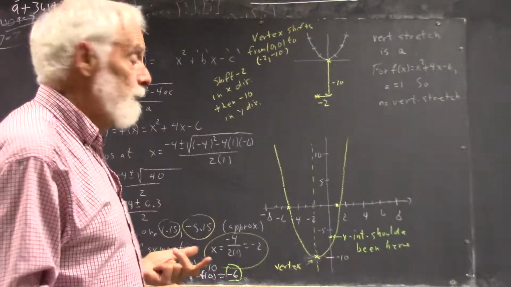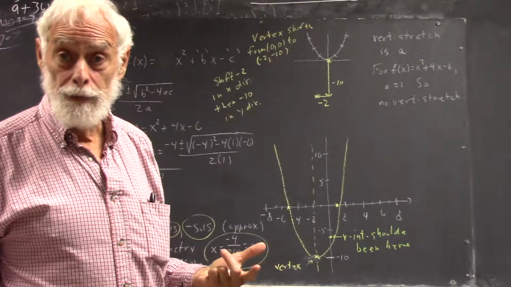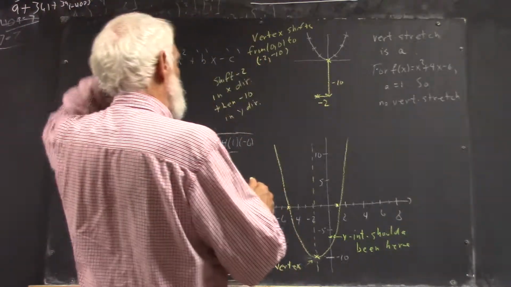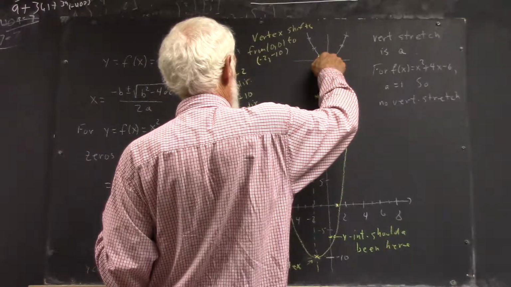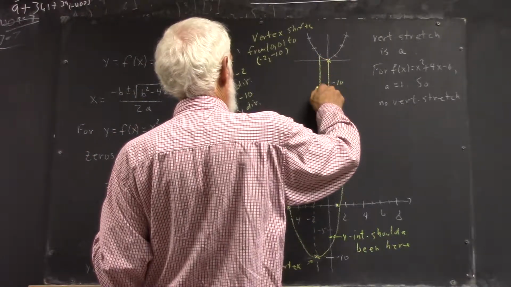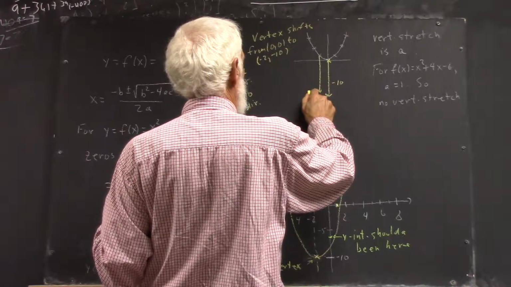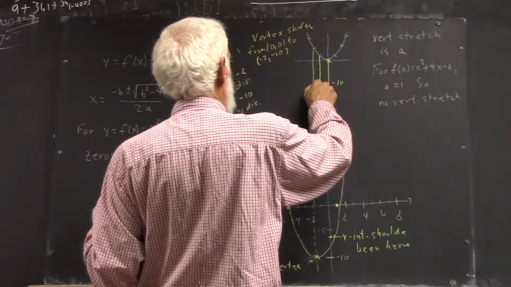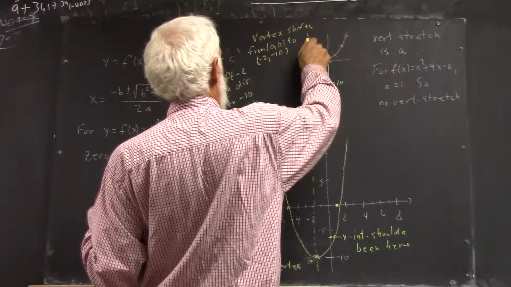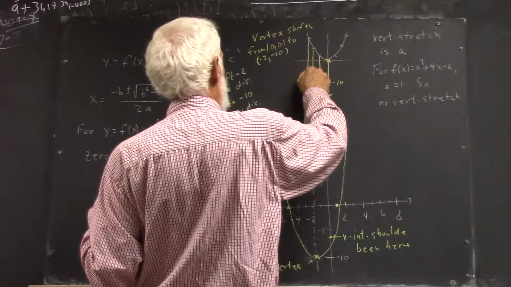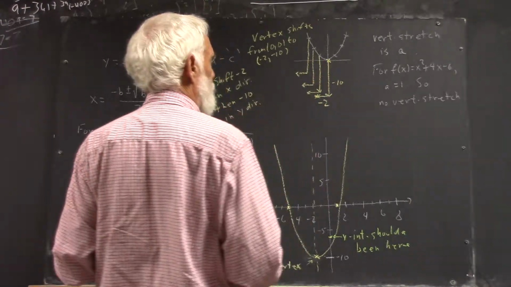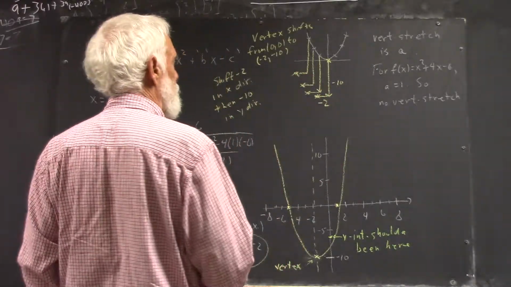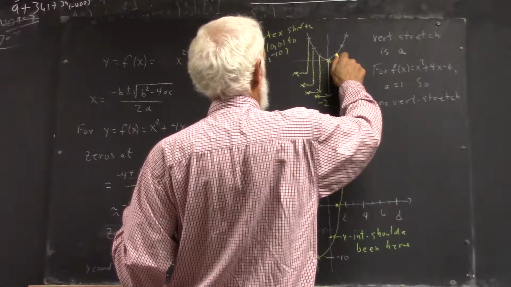Every other point has exactly the same shifts. So if that's -10 and that's -2, then you're going to take this point and put the -10 on it, and the -2, and you're going to do the same thing for this point and this point. It's going to give you this point and this point and this point. And then you do the same thing for these points.